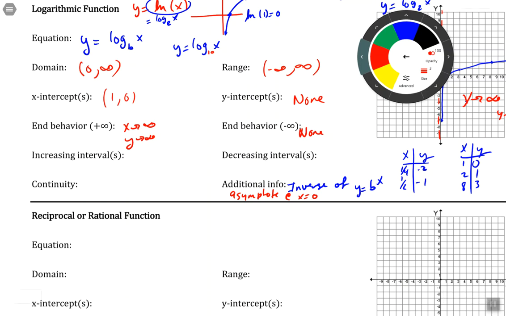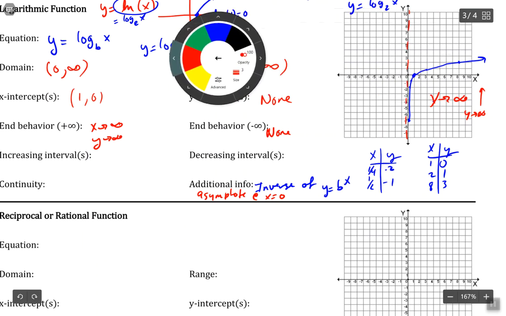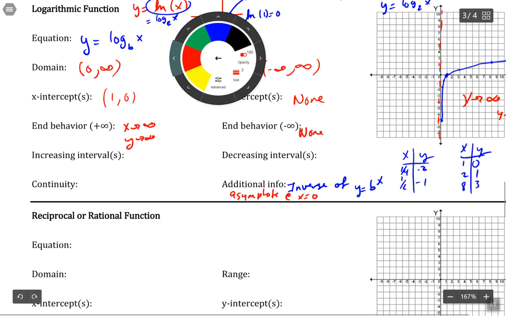Is it increasing over the whole interval? Do you see that it's increasing over the whole interval? So is it the same as the domain? Zero to infinity. Is it ever decreasing? No, none.